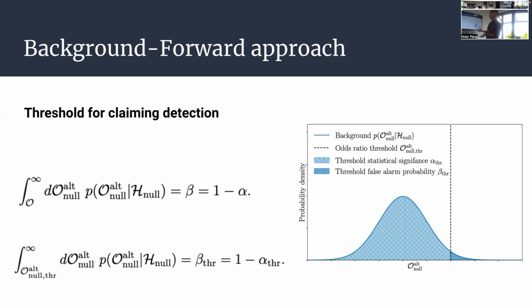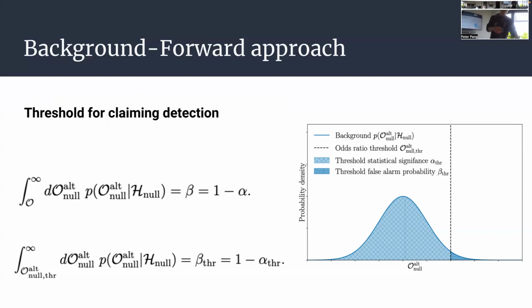And with this distribution, we can calculate the so-called, let's see which one is which, alpha is the power. Beta is the false alarm probability. So let's say we have a detection with an odds ratio of O, and we want to see how likely it is that this value can still be explained by the null hypothesis. And we can calculate the beta.